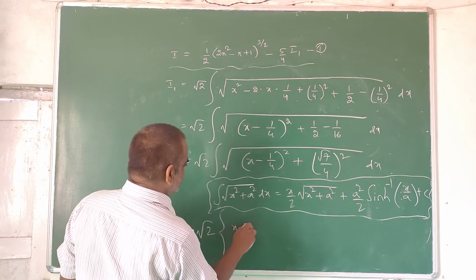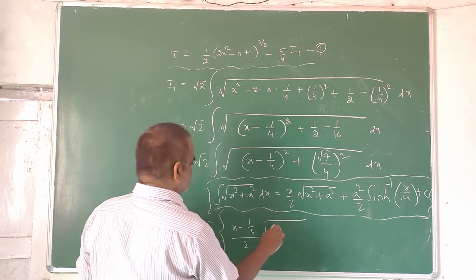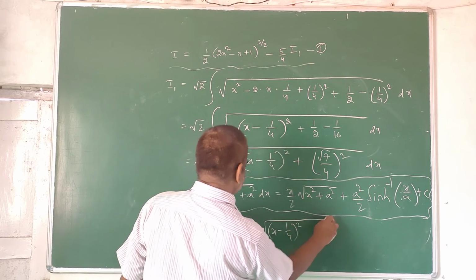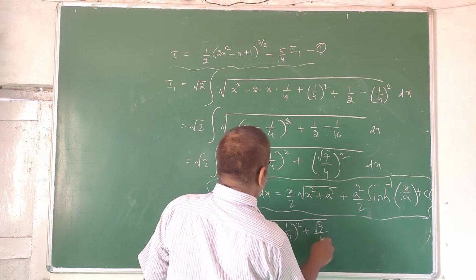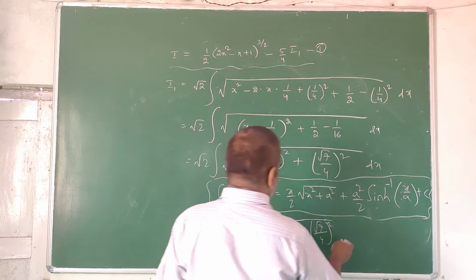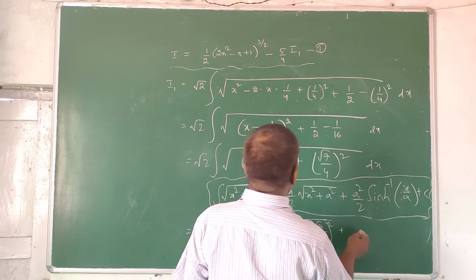So x minus 1 by 4 by 2 into root over x minus 1 by 4 whole square, I am following the formula as it is, plus root 7 by 4 whole square plus a square by 2. What is a square?